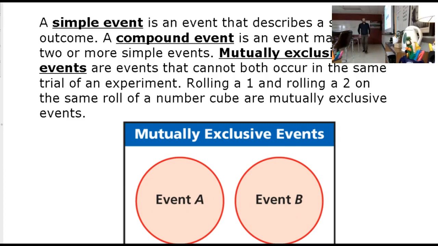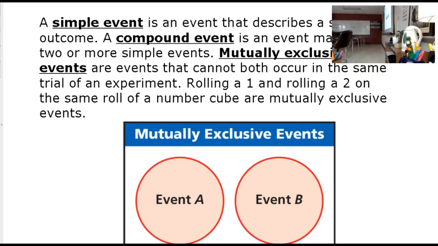So we have this concept of mutually exclusive events, and this happens when we're talking about a compound event, made up of more than one simple event. Let's say we're talking about event A happening and B happening. When you're talking about two different things, they can have outcomes that they share in common, or they might not share any.